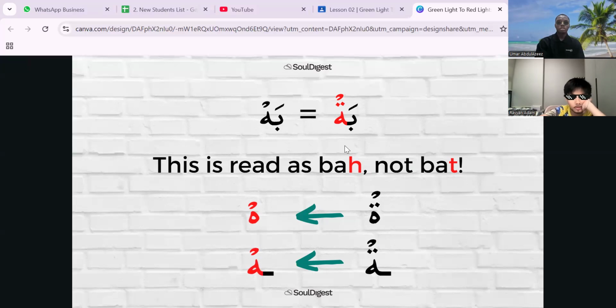You are going to pronounce it as ba. That's Arabic for you. Easy and simple. For example, ba with ta marbuta will be ba, not bat. Do you understand? Okay, let's move on.